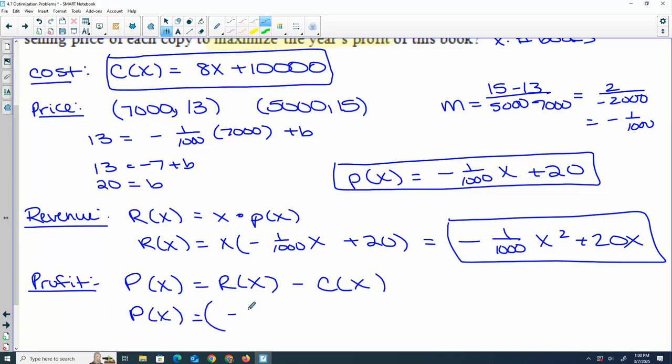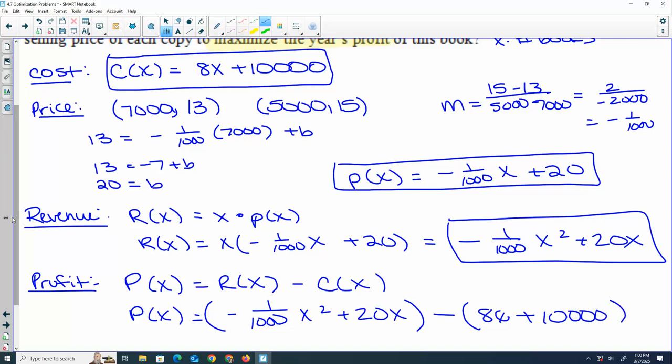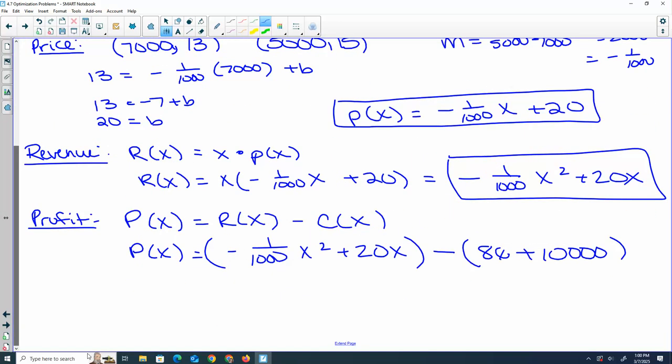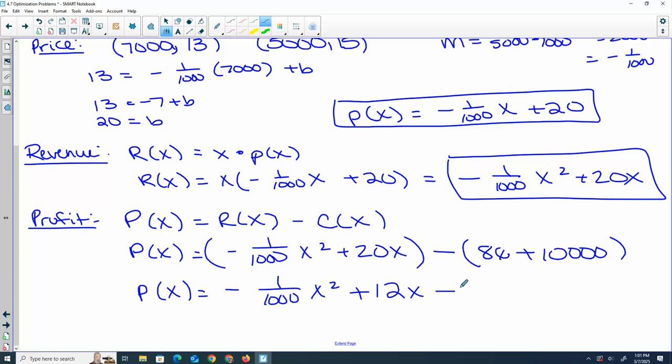So my revenue, negative 1 over 1,000 x squared plus 20x, minus cost, 8x plus 10,000. Can I distribute my negative and combine my terms at the same time? So 20 minus 8 would be a 12x minus 10,000.